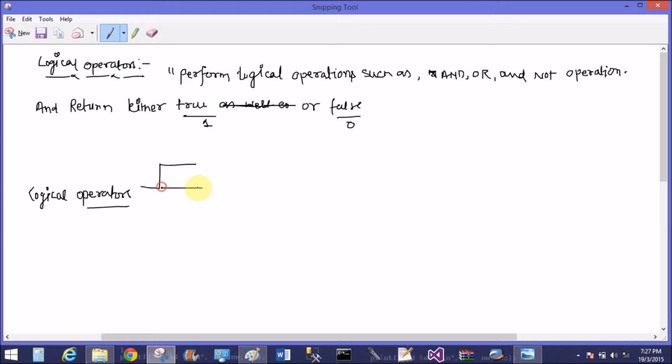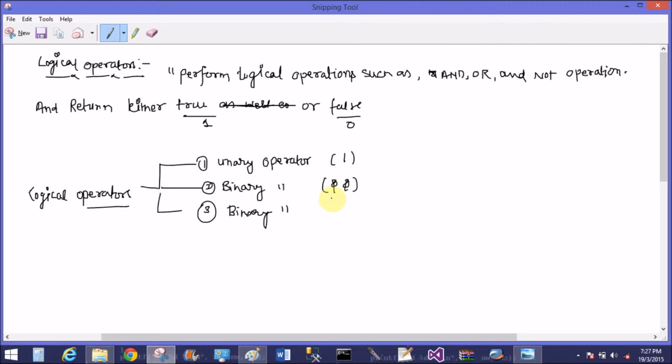So some of logical operators are: first is unary operator, second one is binary operator, third is also binary operator, double AND.